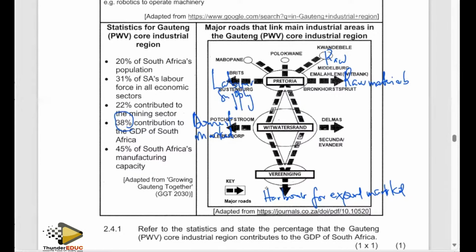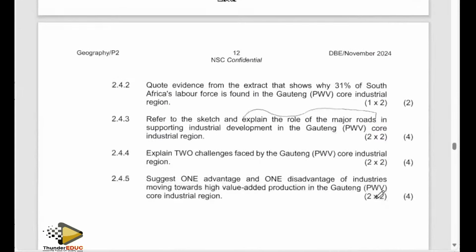People coming to work in the core industrial region, some of them coming from outside the region, use those major routes for transportation to and from their workplaces. So basically, you justify the existence of those routes in terms of them linking to the source of raw materials, to the market, to labor supply, and to the domestic market. Basically, that's the idea behind that particular question.